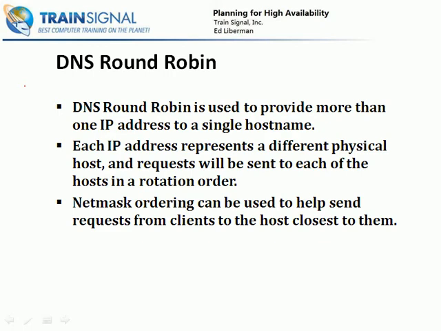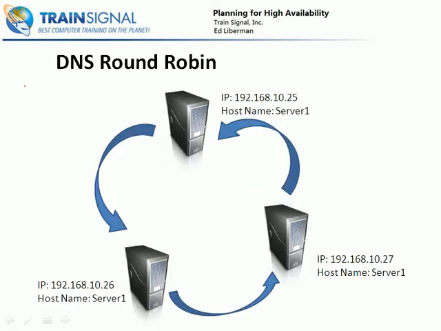So what that basically means is that a request that comes in, matter of fact, I'll tell you what, let me show you a drawing of this. Here we have three servers, and as you can see here, they all have the host name of server 1. But they have three different IP addresses, right? Because each one has its own unique IP address out on the network.